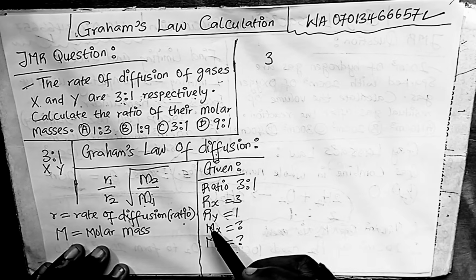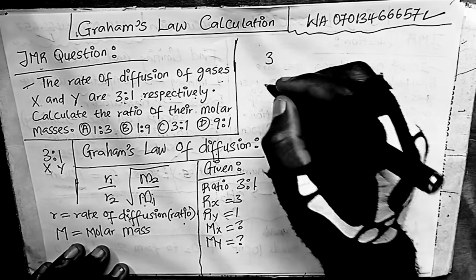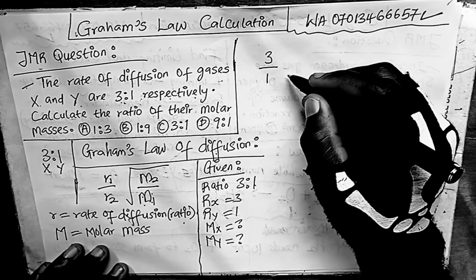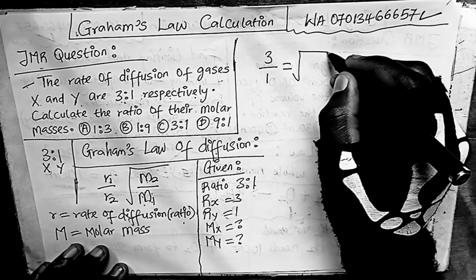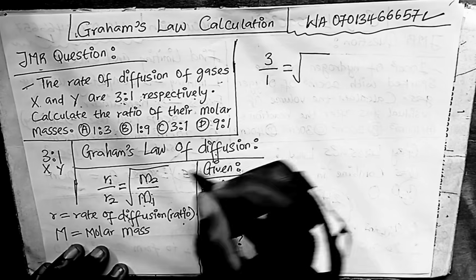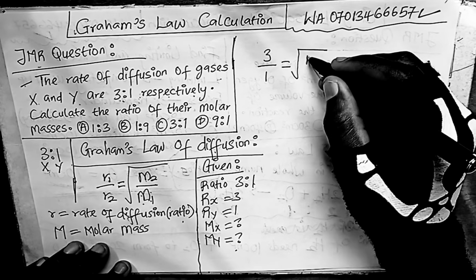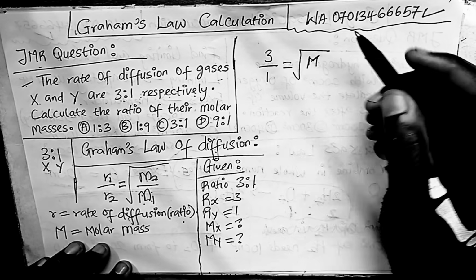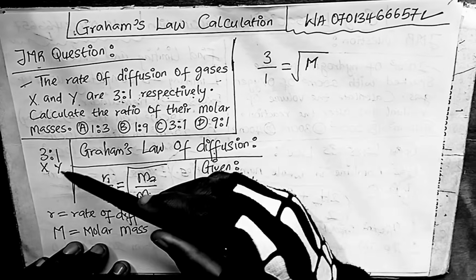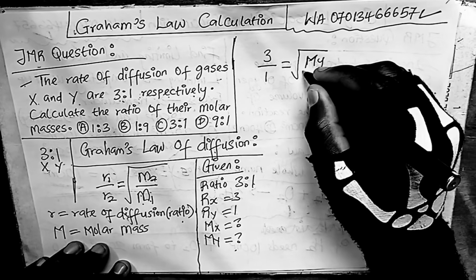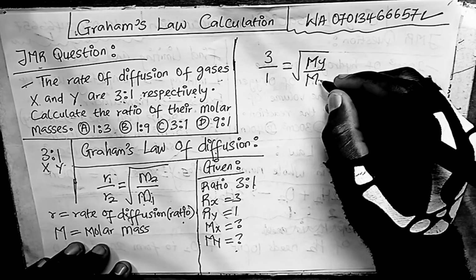R2, the second ratio for Y, is 1. Then this equals the square root of M2, the gas 2, which is Y, so we get MY over gas 1, which is MS.